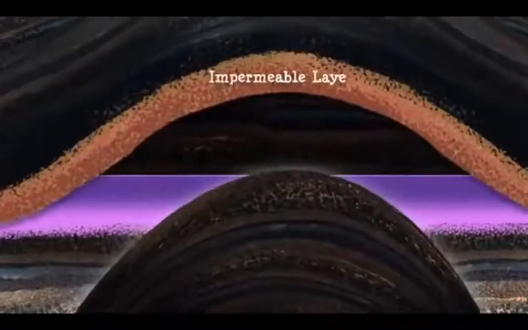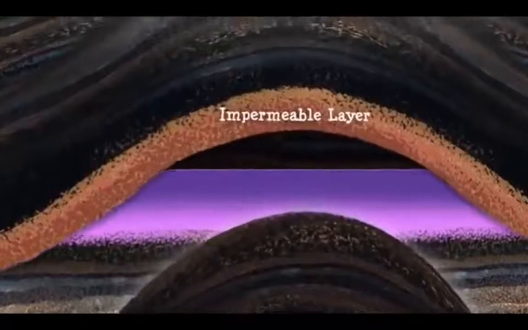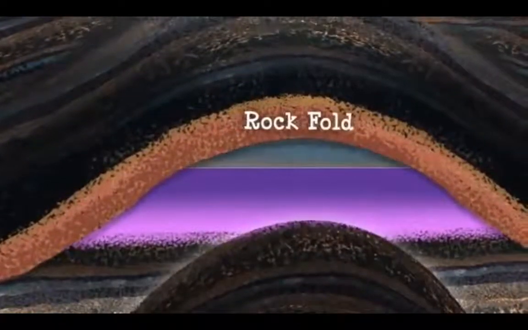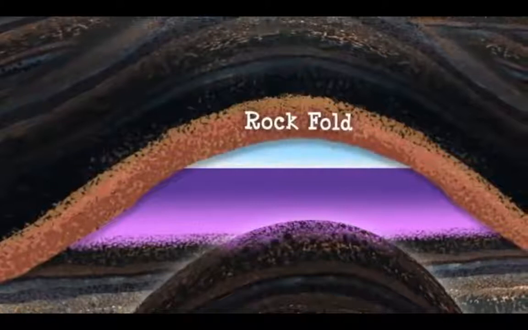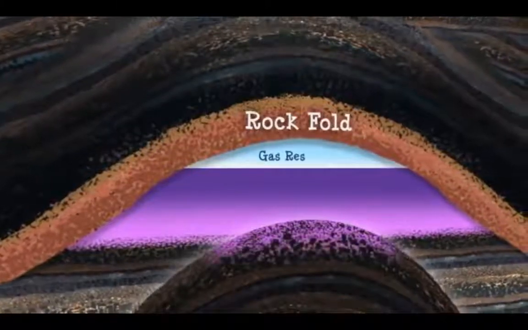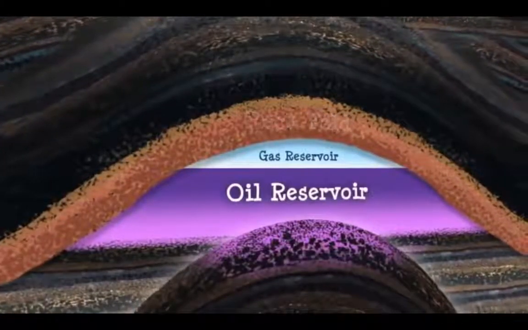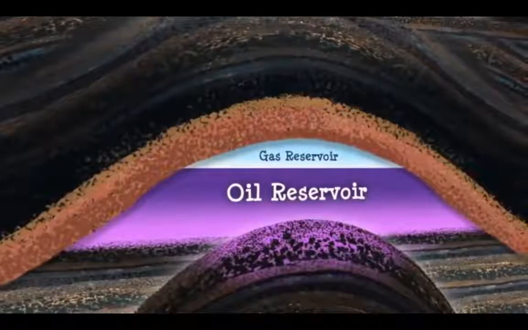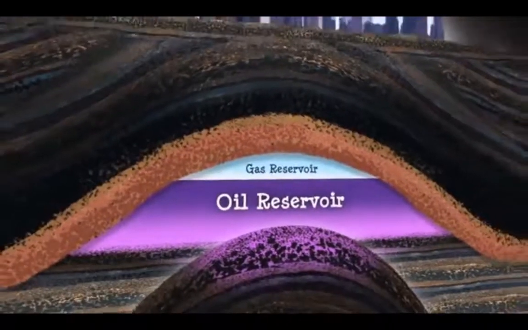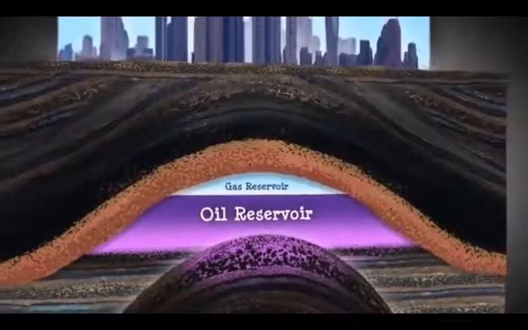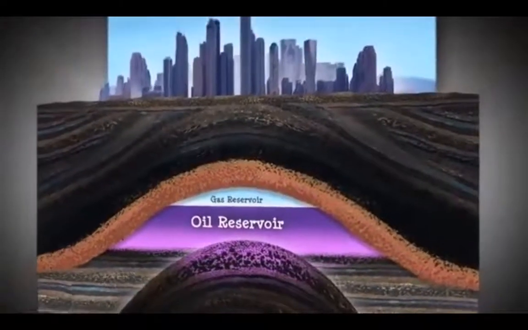Often it is trapped beneath the surface by impermeable layers or rock structures, like faults and folds. Within the crust, oil or gas deposits build up and form reservoirs. Reservoirs are like vast sponges filled with oil and gas. They can be as large as a city.